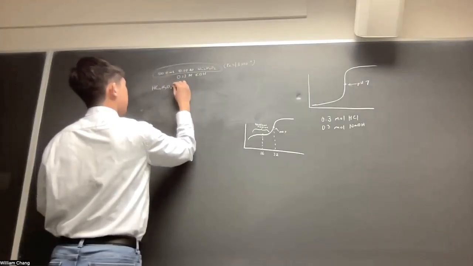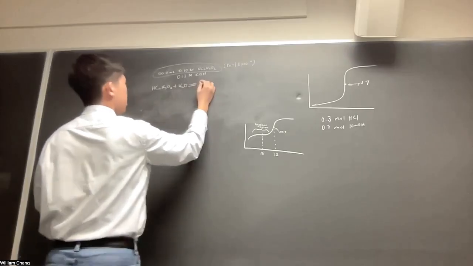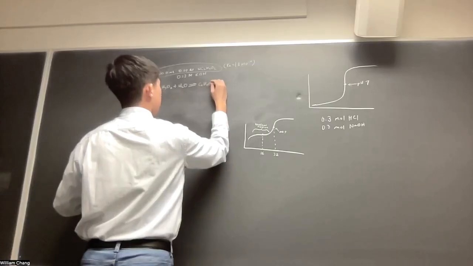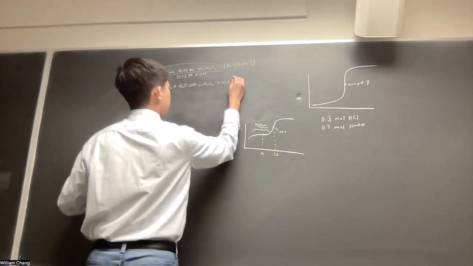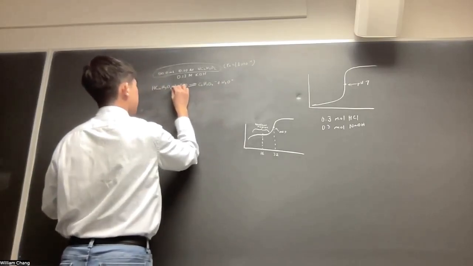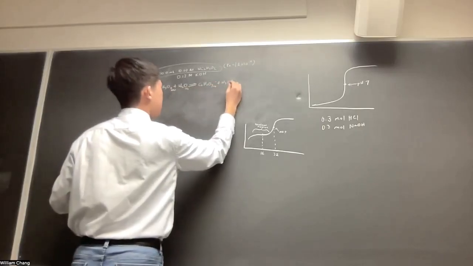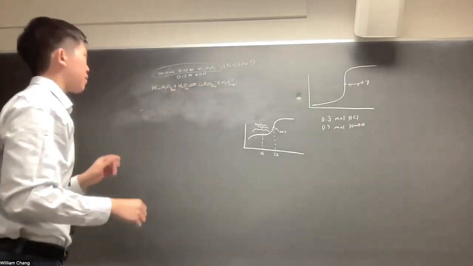HC2H3O2 plus H2O, double arrow, C2H3O2 minus plus H3O plus. I am not very good at putting my states, but you should definitely put your states in. So that's like the aqueous, liquid, and other aqueous states.